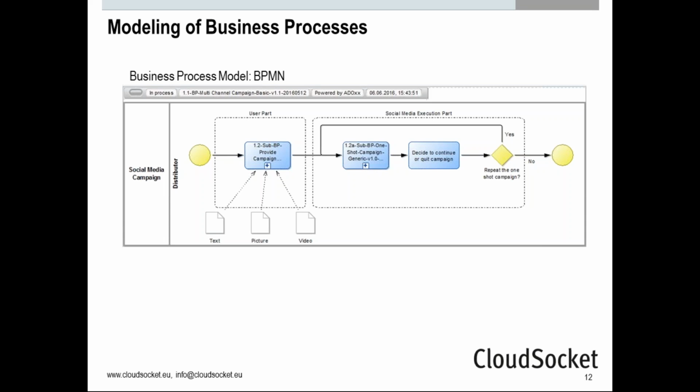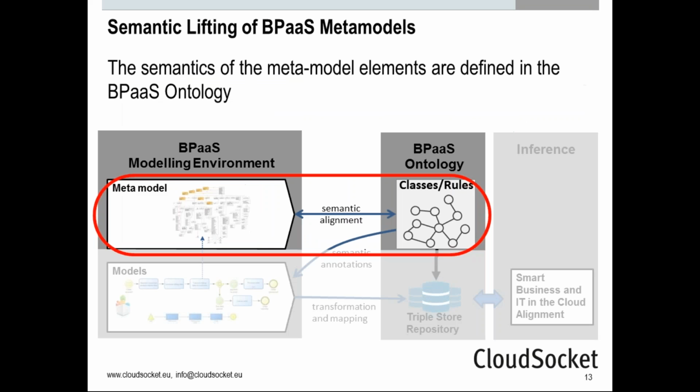So a very simple process. In the first we have a more user part to provide the content for the campaigning, and then we have the part for the execution of the campaigning in the social media.